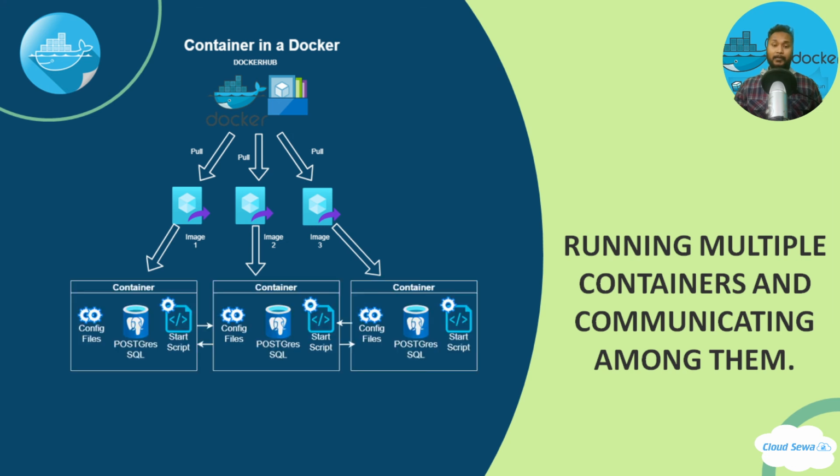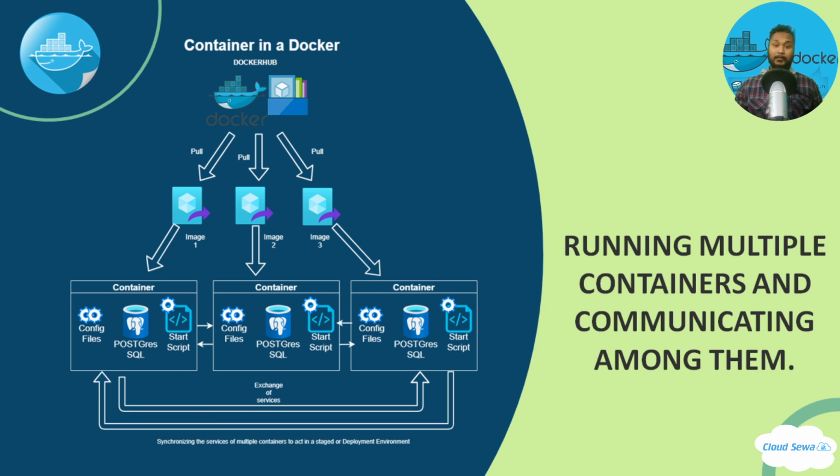The multiple containers can also communicate among themselves by opening the ports, which helps you to communicate the services between those multiple containers. After establishing the communication, you can then exchange the information and exchange the services. Like this, we can make use of multiple containers and exchange the services, data and information among them.